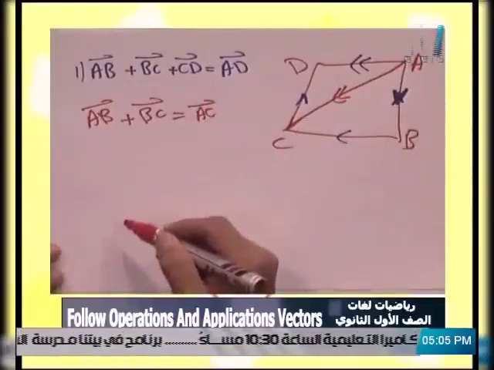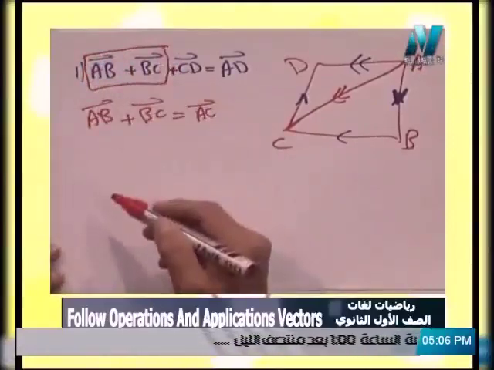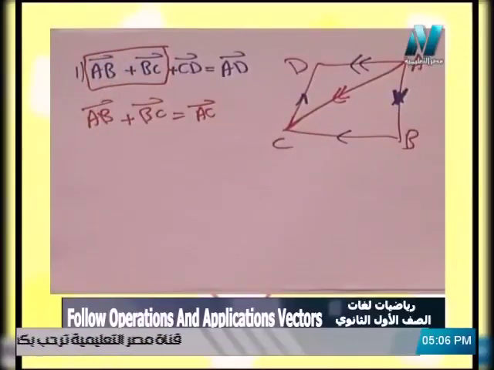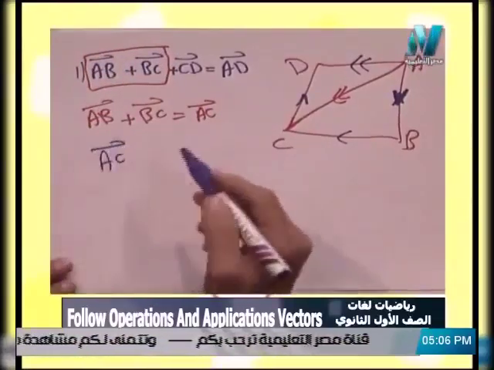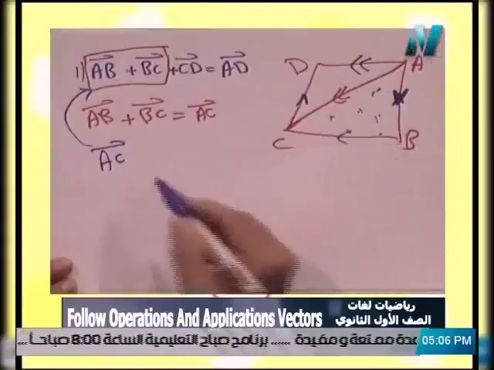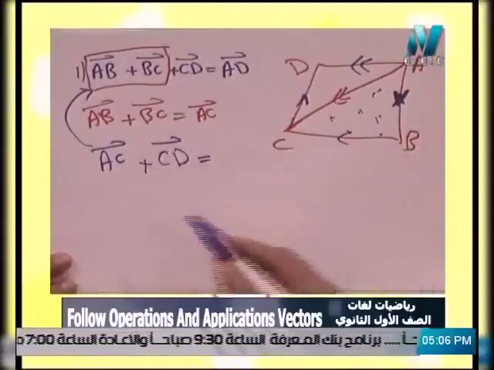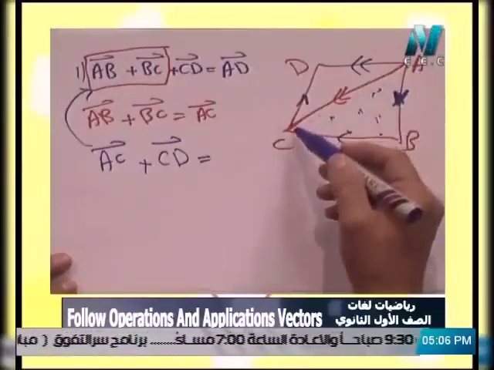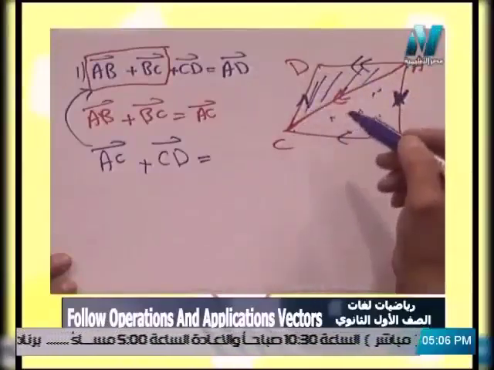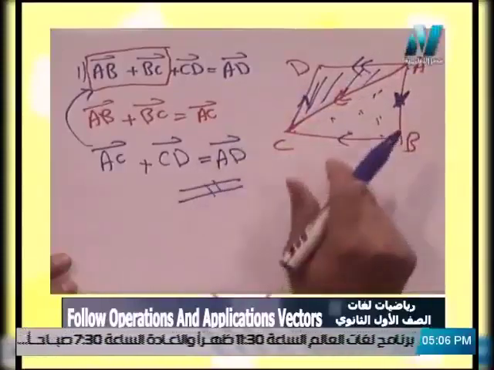So we can substitute this expression AB plus BC by the vector AC, plus the vector CD. It will be equal to what? AC plus CD, by using the triangle vector here, equals AD. So we have now proved this question.